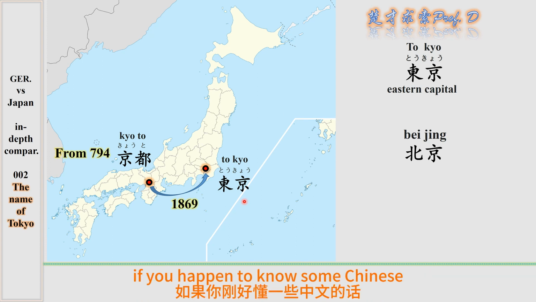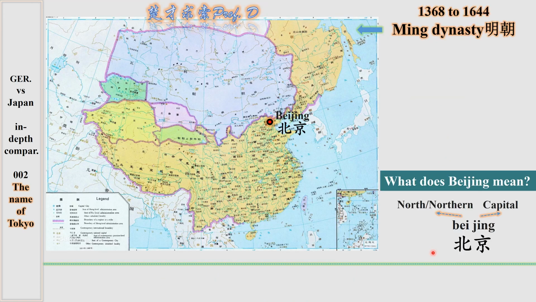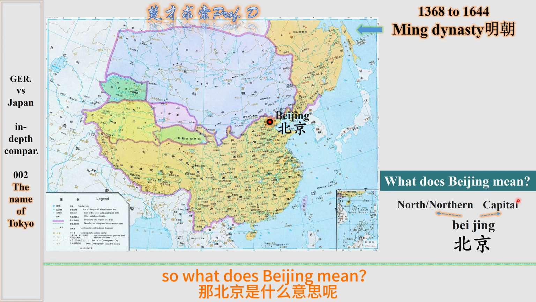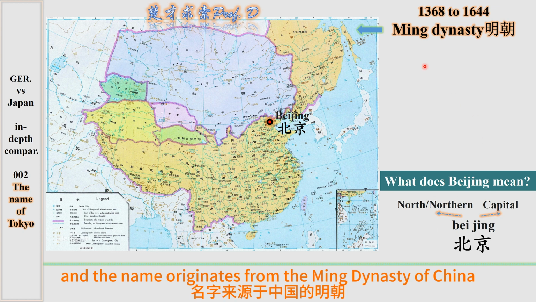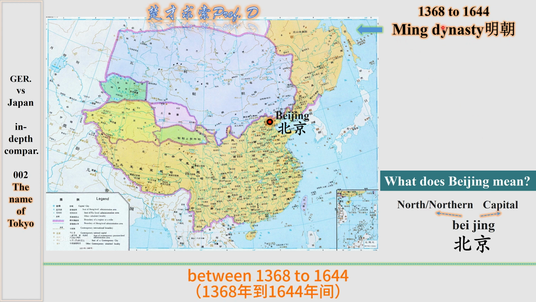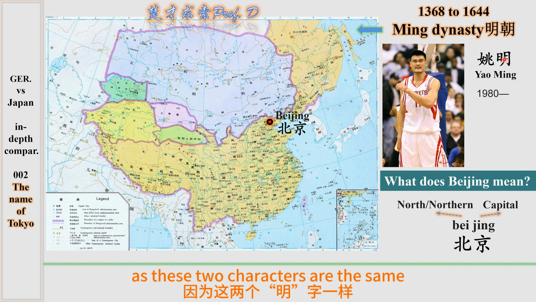If you happen to know some Chinese, you will surely notice that China's capital, Beijing, also has the same character. So what does Beijing mean? It means the northern capital, and the name originates from the Ming Dynasty of China between 1368 and 1644. And yes, this Ming is the same as Yao Ming's Ming, as these two characters are the same.